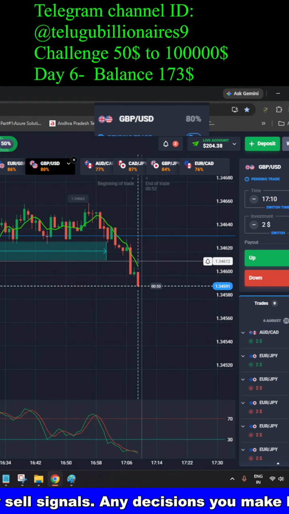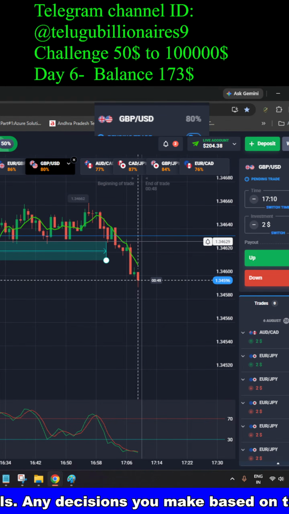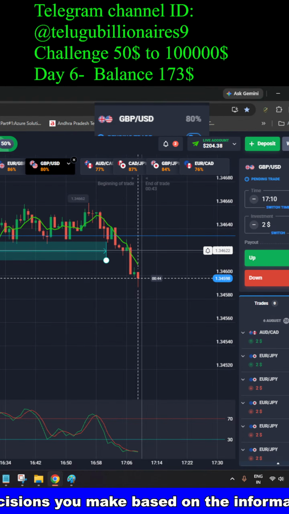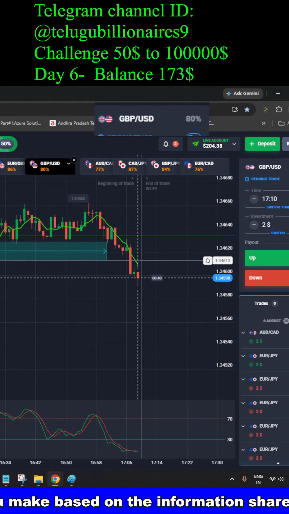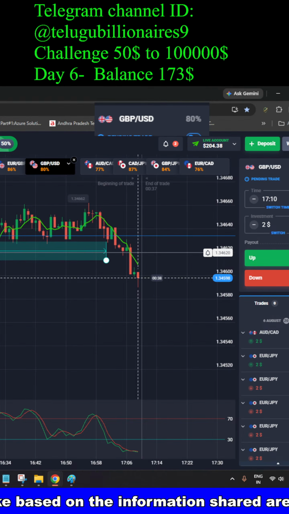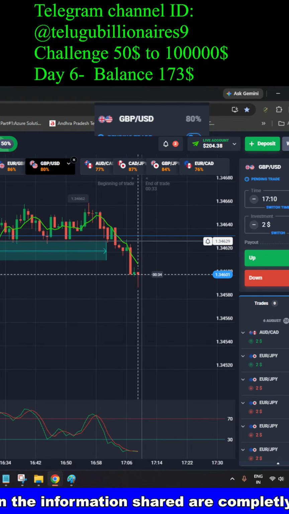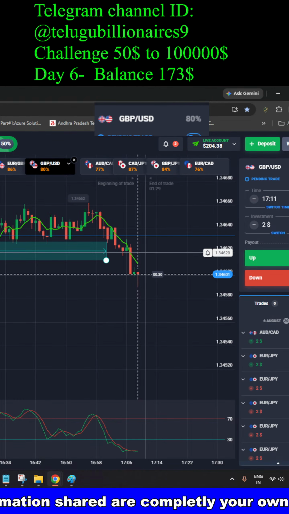Higher high, higher high, higher high, correct? I know this higher high, I know this higher high. So the third higher high will be this. So here is one, second higher high, and I know the third higher high. Once the market reaches this level, I can go for a short. This is short.